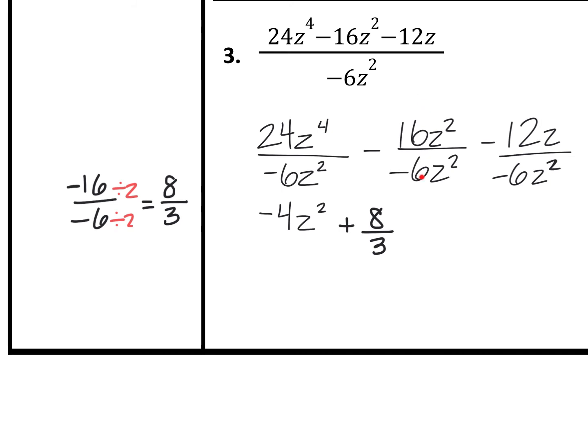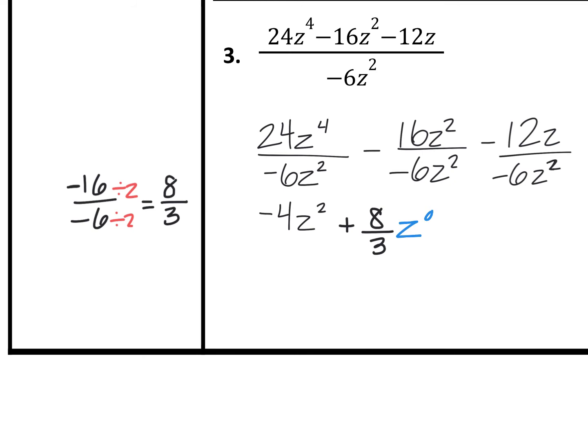Let's look at this next part. You still have z squared over z squared. If I were to subtract that, what do I get? 0. 2 minus 2 is 0. I'm going to go ahead and write it down this time. Z to the 0. Technically, they would cancel out, but we'll get there in a sec.